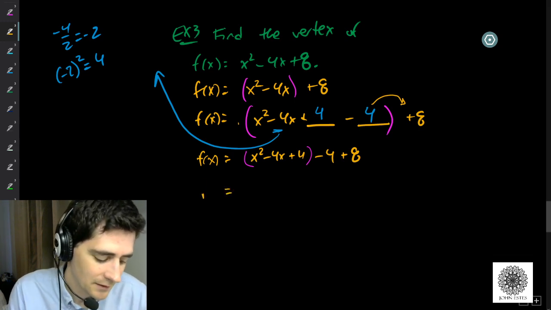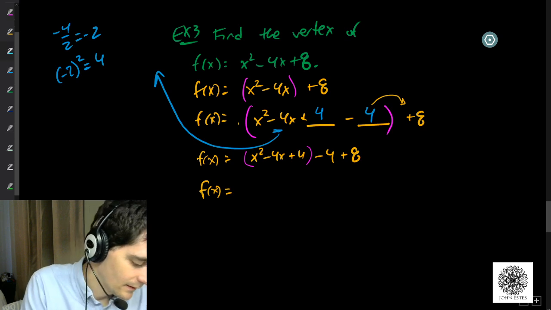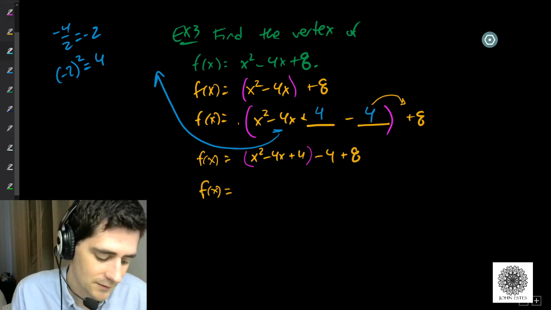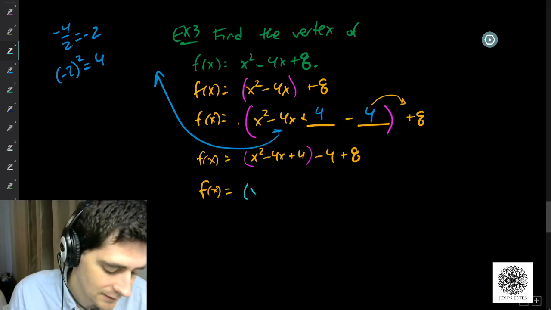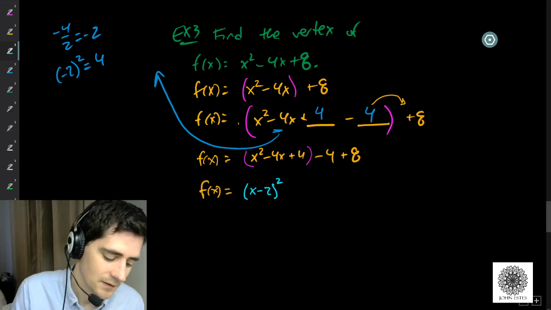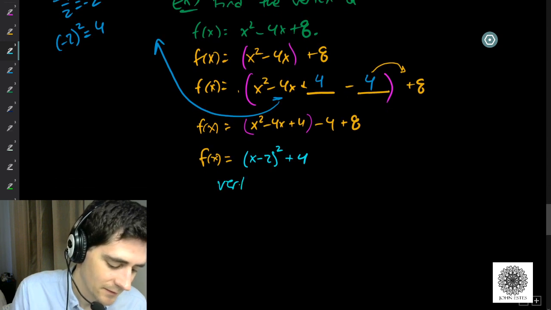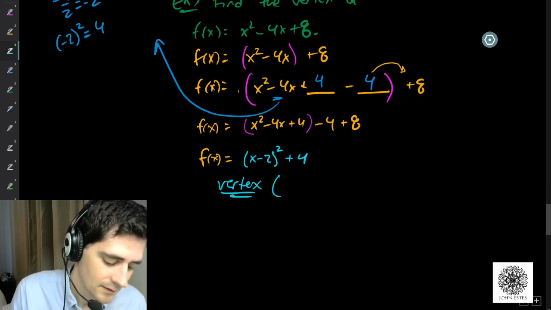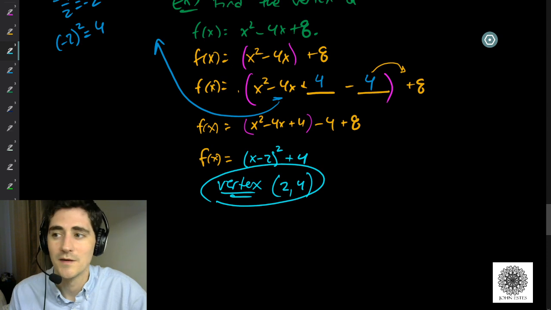And finally now I can write it in vertex form. And how is that? X squared minus 4x plus 4 is going to factor as x minus 2 quantity squared. And then the negative 4 plus 8 just becomes plus 4. So my vertex of this graph is 2, 4. There it is. And I hope this makes sense.